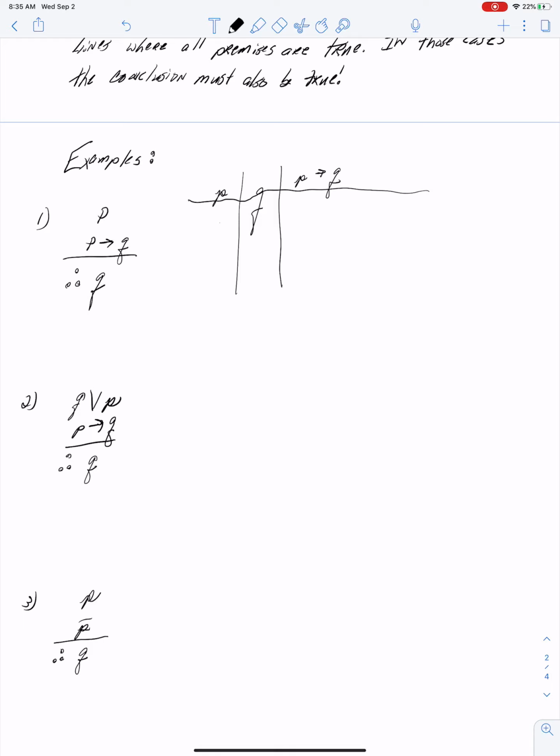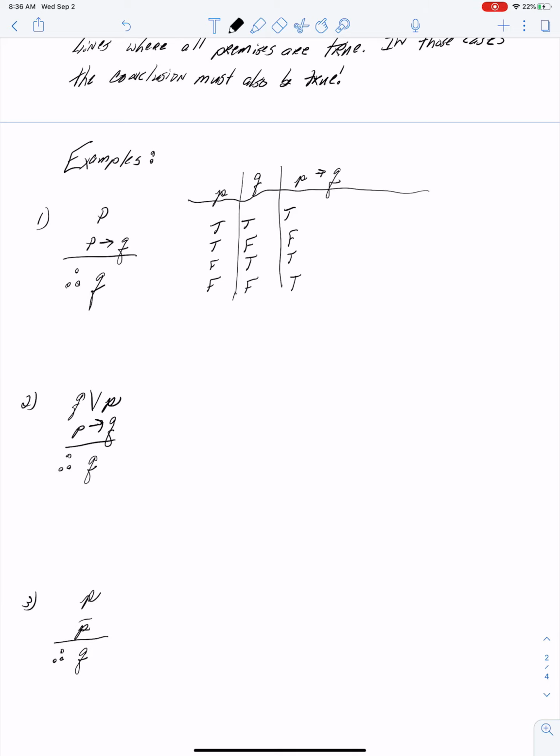Remember, if I have a truth table, it's going to be what? True, true, true, false, false, true, false, false. Those are all the possibilities. Let me clean this up a little bit. And if you remember, the conditional statement is going to be what? True, false, true, true. And now what's the point?